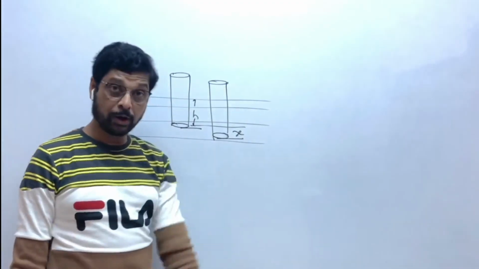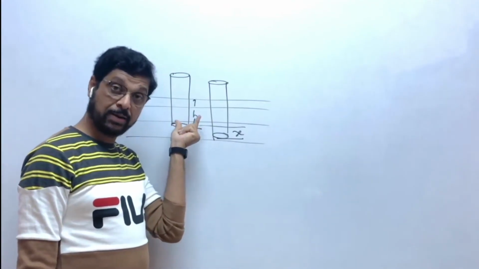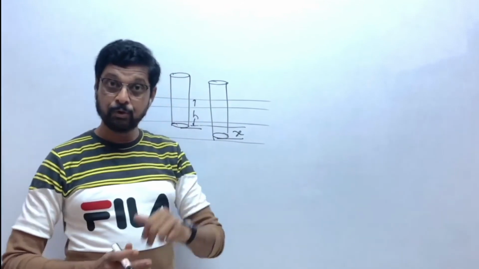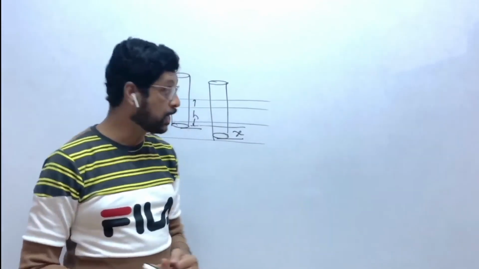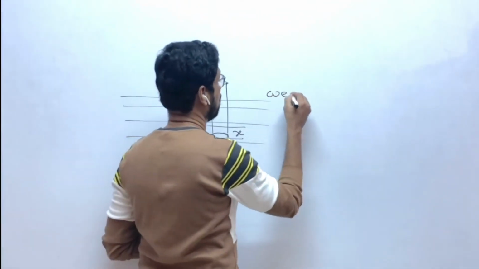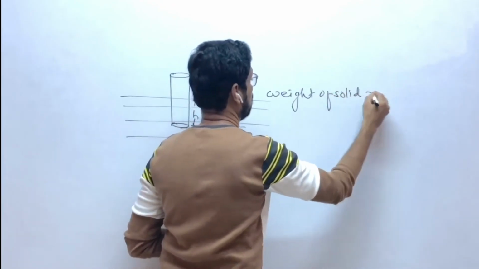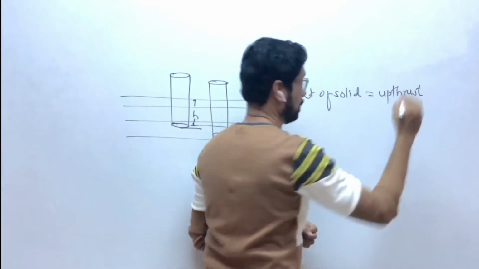So first of all, when a solid is floating on the liquid, we can use the law of flotation. What is that law of flotation? Weight of the solid is equal to upthrust.